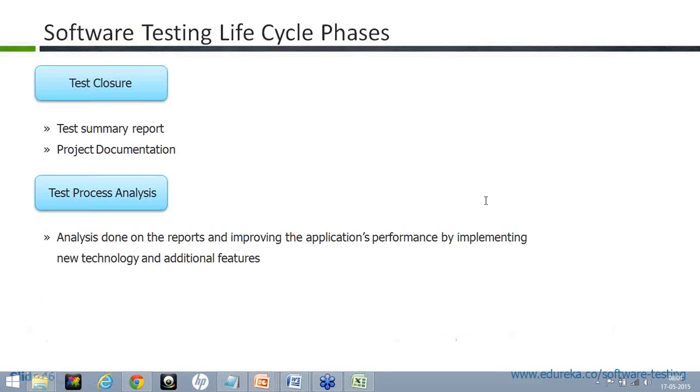As a tester, you have a responsibility to give your suggestions to improve the application's behavior or performance, or you can suggest including some new technologies. Instead of going for Java, you can tell them to use .NET, or rather than going for SQL Server as a database, you can go for Oracle.